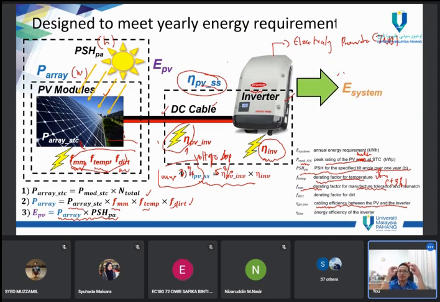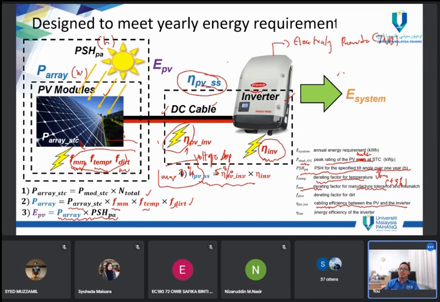After considering all the derating factors coming from the modules, the cabling, and the inverter itself, the net energy that remains after deducting all these parameters is defined as E system.